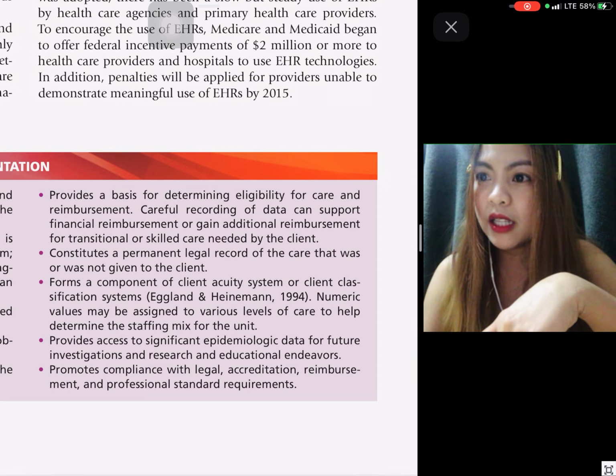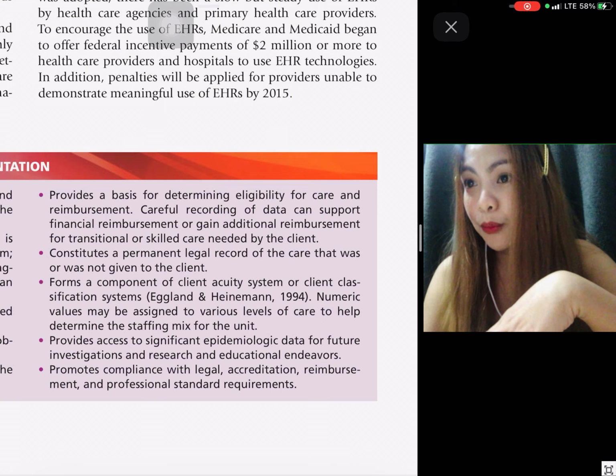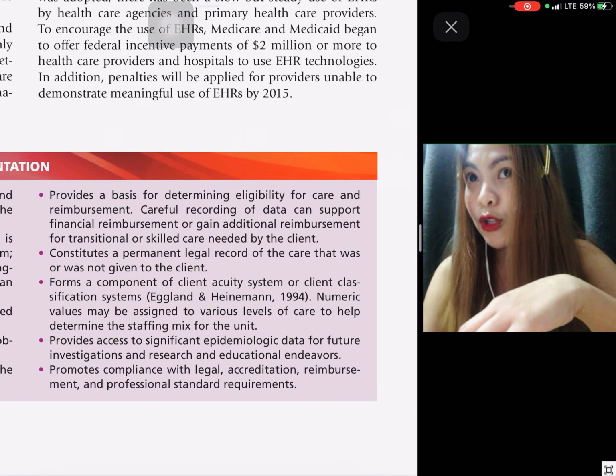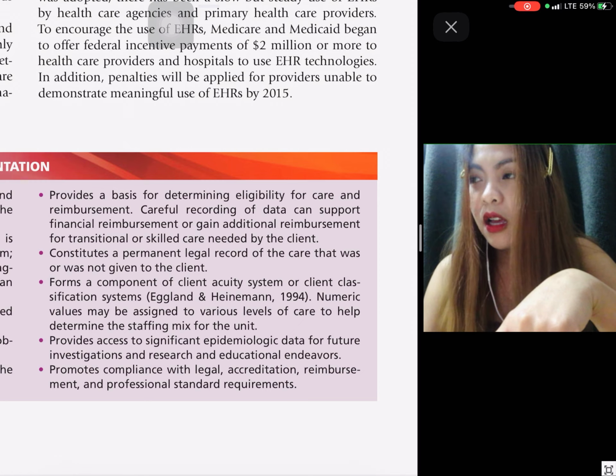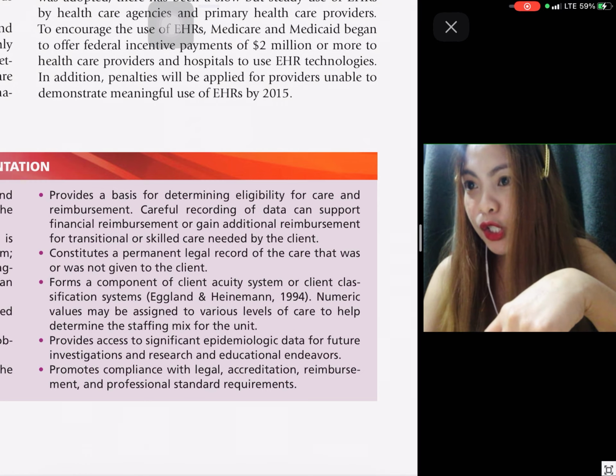It forms a component of client acuity system or client classification. Numeric values may be assigned to various levels of care to help determine the staffing mix for the unit. So, napaka-importante rin na malaman natin kung ano yung assessment natin, kung anong level of care yung pasyente. Kasi para kapag mga nurses nag-shifting na, i-endorse na, maalam ng charge nurse kung kanino ibibigay yung mga pasyente na kailangan ng mas level of care.